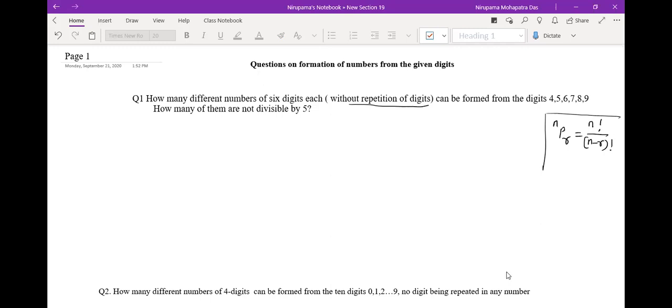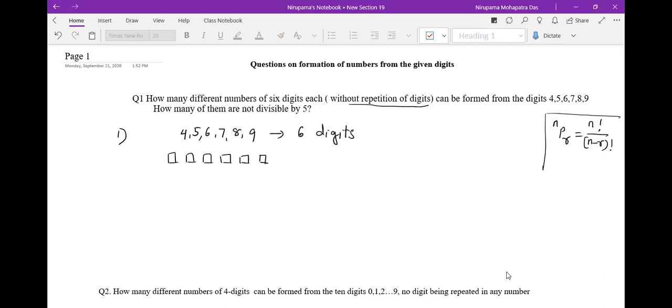Now the first part: how many numbers of 6 digits can be formed using 4, 5, 6, 7, 8, 9. These are the 6 digits, and we have to form 6-digit numbers. It means we will have 6 places, so 6 places, 6 digits, 6 objects.